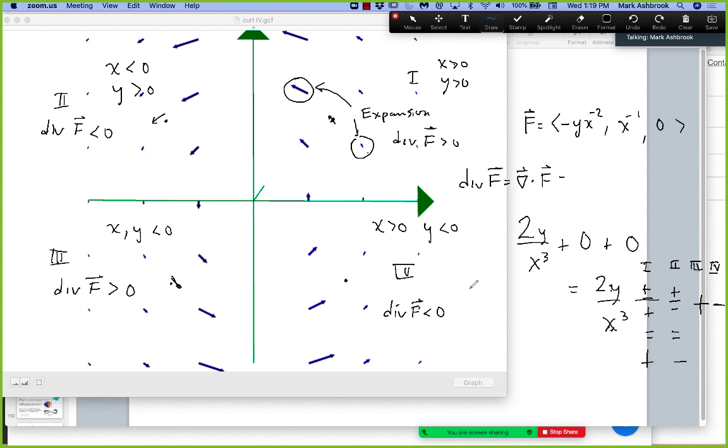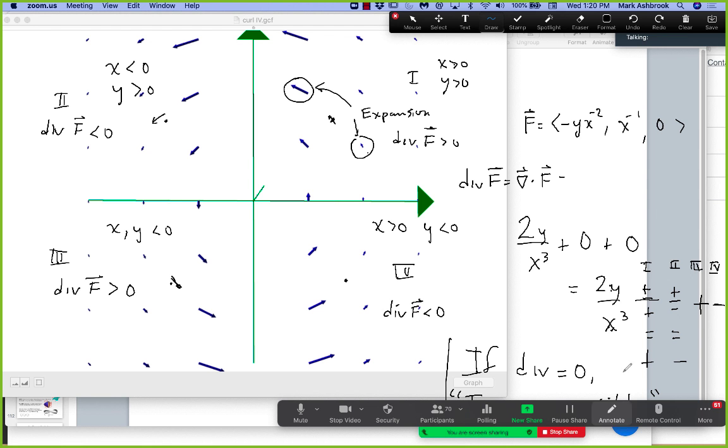So if the divergence is 0, if you work through all the partial derivatives, add them together, and you get 0, then the field is called incompressible. There's no tendency anywhere in the field for expansion or compression.